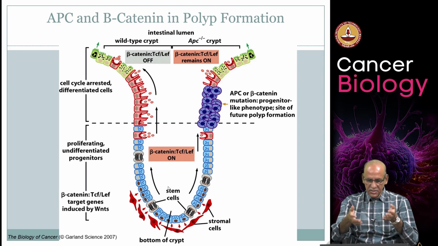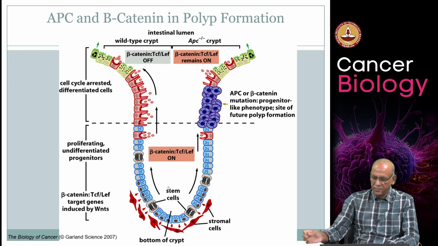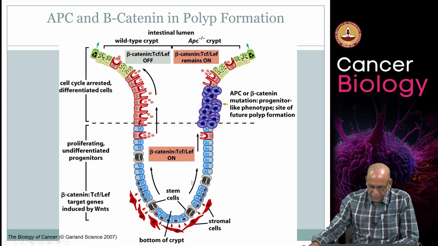Similarly, some stem cells also play a role in that. So, you see the interaction between different cells in this, for example, stem cells, some of the stromal cells, and the colon cells, these protrusions that I told you just now. So, those are necessary ultimately to develop a full-fledged cancer.